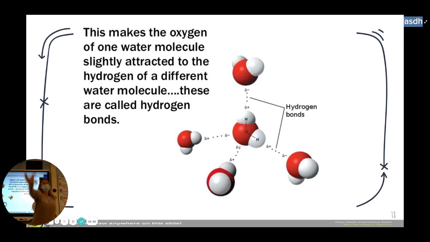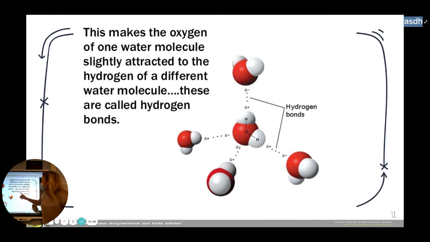And oxygen becomes partially negative in a water molecule, and hydrogen becomes partially positive. Hydrogen bonds are between 2 different water molecules or anything that has that kind of charge, okay? Different water molecules, between different molecules. That's what hydrogen bonds are.